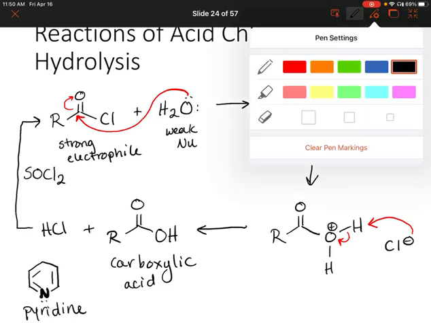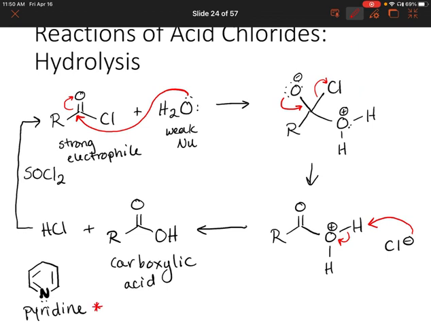So pyridine is a base and it won't react with that carbonyl group on our carboxylic acid, which is good, but it will react with hydrochloric acid and remove a proton from it. So that way the acid won't actually react with anything else.